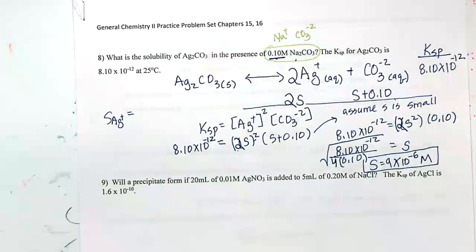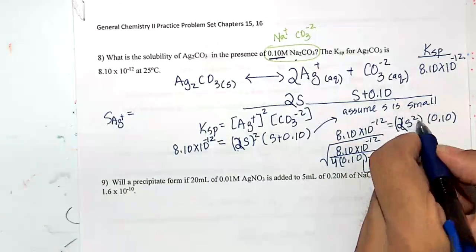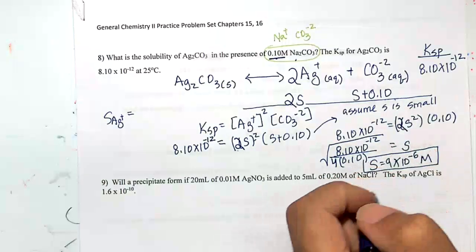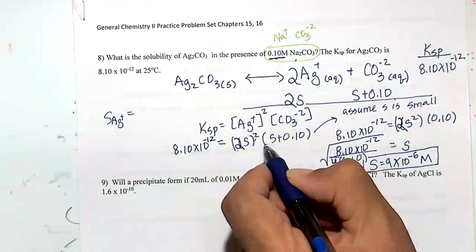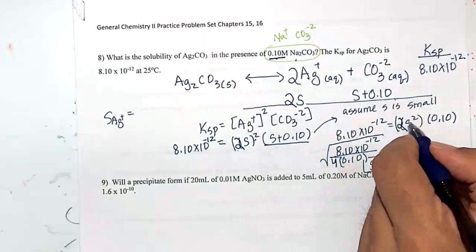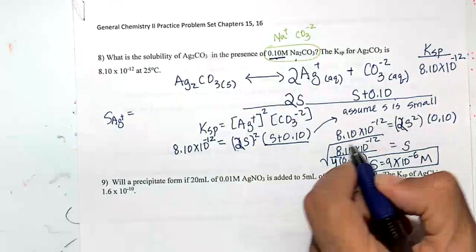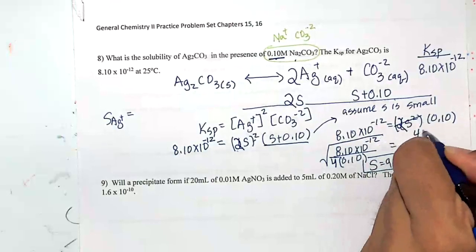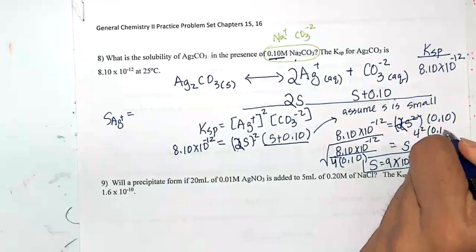2S squared. It became 0.1 because S is small. So this becomes 4S squared times 0.10.